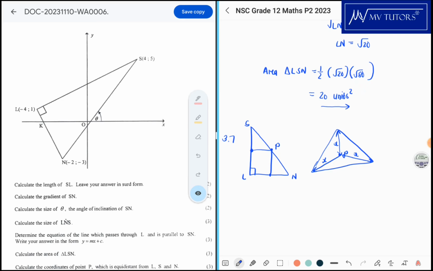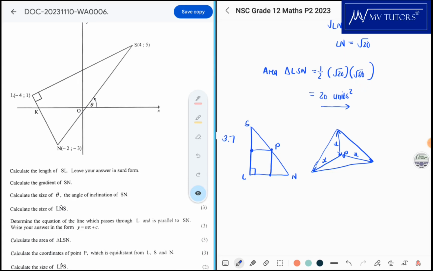Okay, so now in order to get this equidistant point, and how many marks is that? 3 marks. So like I said, P is halfway SN, which makes life a little bit easier for us. So we can say P is actually the midpoint of SN.